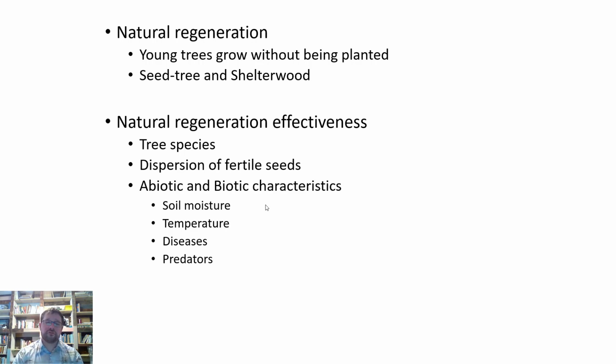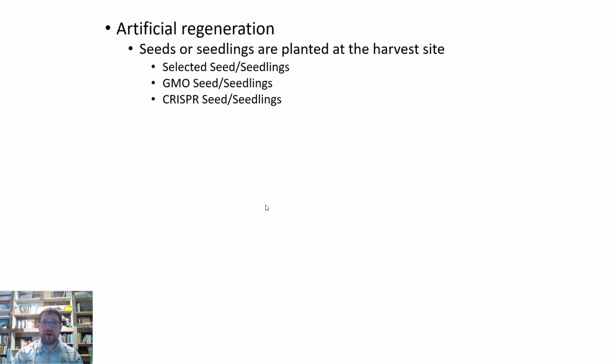Okay. There are also other things that we have to think about. Do we really want the forest to regenerate naturally? Okay. That's a big question. Artificial regeneration is when we take seeds or seedlings and we put them on the harvest site.